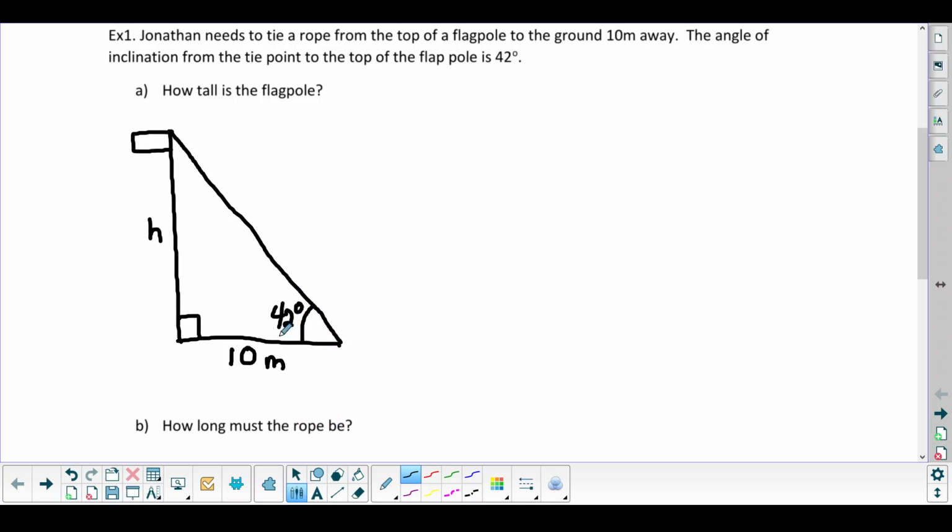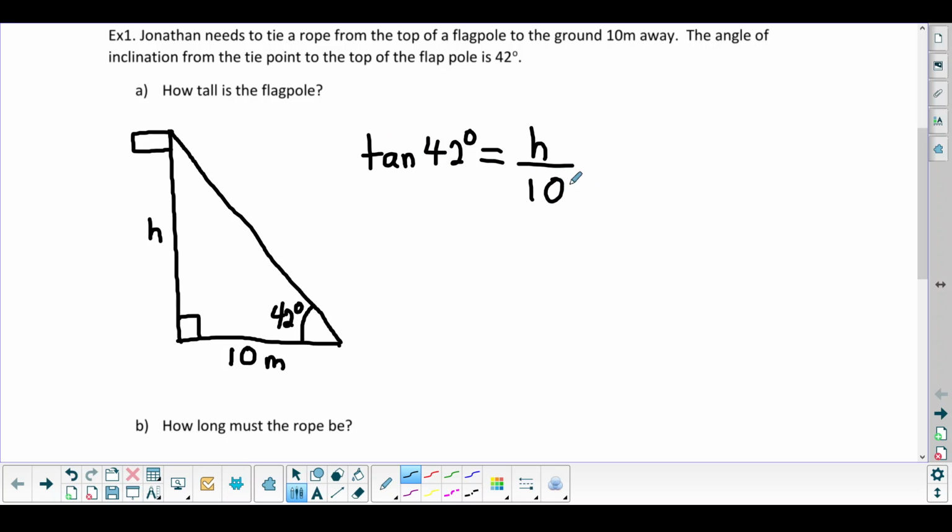And for this angle of reference, we want to know the opposite, and we do know the adjacent. Tan tells us information about opposite over adjacent, so tan is the trig ratio we want to use. So tan of 42 degrees is equal to opposite h over adjacent 10.